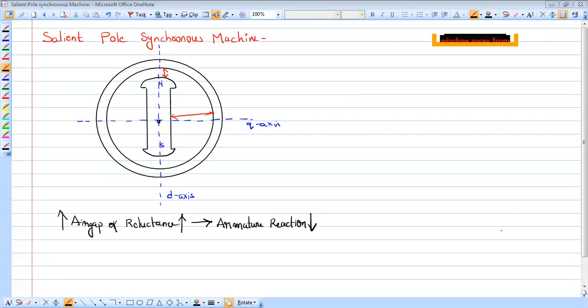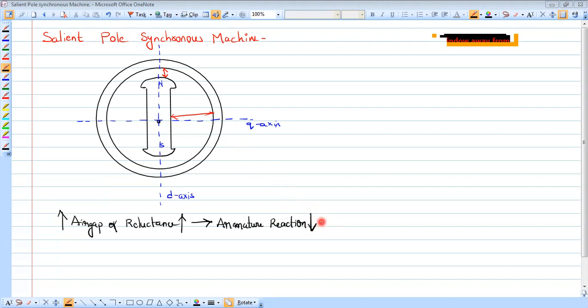What is meant by armature reaction? The effect of armature flux on the main field flux. So to affect the main field flux, this armature flux needs to cross this air gap, this reluctance. So the effect of armature flux on main field flux decreases because of this large air gap.